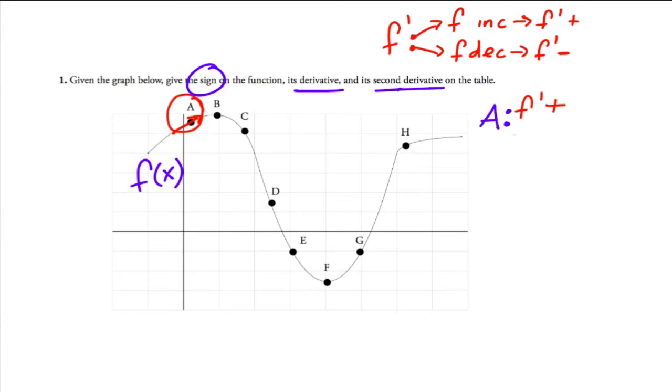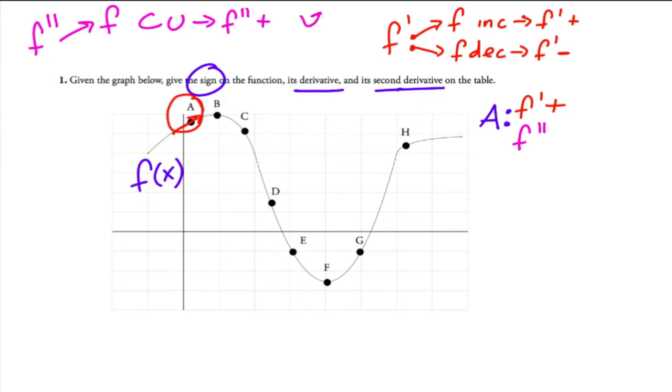And as far as the second derivative goes, remember what we're looking at is if the function is concave up, then that means that the second derivative is going to be positive.